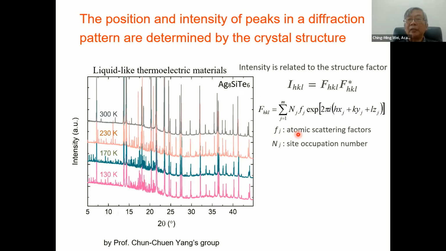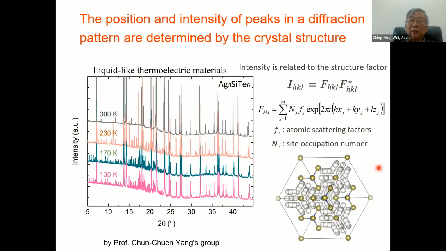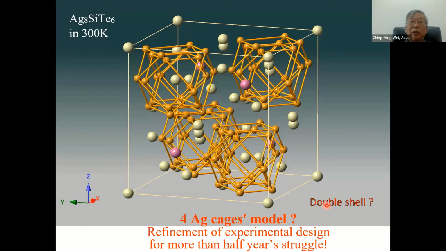Here fi is the atomic scattering factor, and j is the assigned occupation number. Actually, the group of Hui Yangzhong, my colleague there, finally got this kind of structure model. The structure model can be summarized as the so-called 4 AGKGs model. Each AGKG has a double shell, and the characteristic structure is triangular and square. However, it actually took them more than 1 year to finish the fittings.